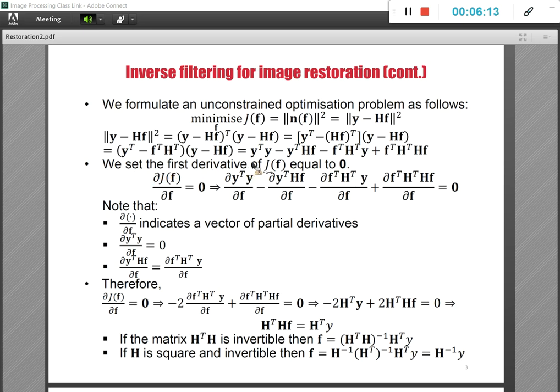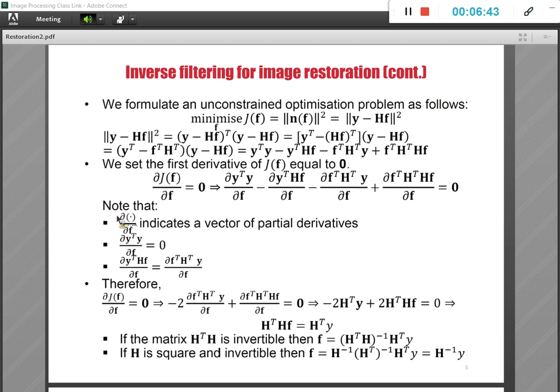For example, we set the first derivative of J(f) equal to 0. Why? Because for reaching the extremum point, maximum or minimum, in this situation minimum. The partial of J with respect to f is 0, means the partial of y transpose y over f minus the partial of y transpose Hf minus the partial of f transpose H transpose y plus the partial of f transpose H transpose Hf, and all of them should be 0.